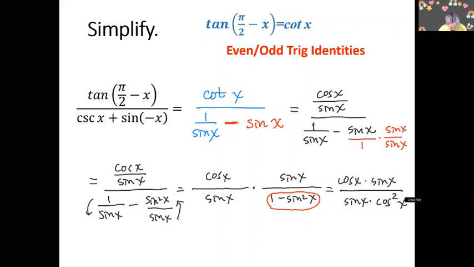Then canceling cosine x with one of the cosine x, and sine x with sine x, will get you 1 over cosine x. And again, it's secant x. That's all. Okay, any question?